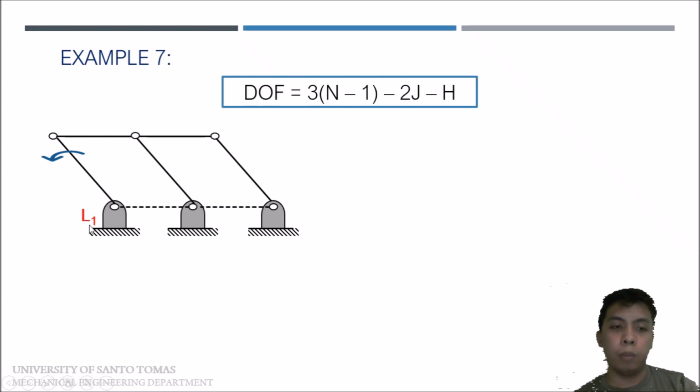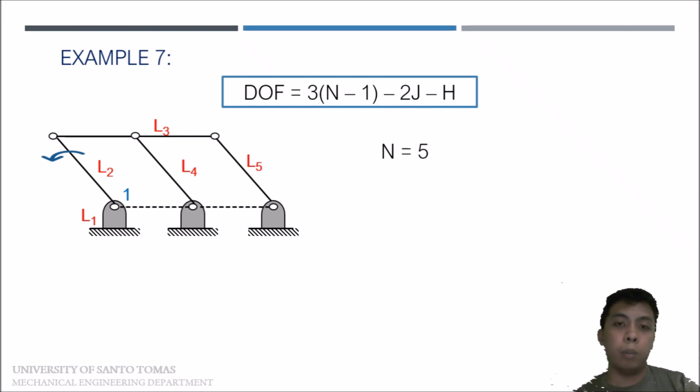L1 will be the frame, L2 the rotating link, L3 the connecting link, L4 the intermediate link here, and L5 our follower link. Okay?